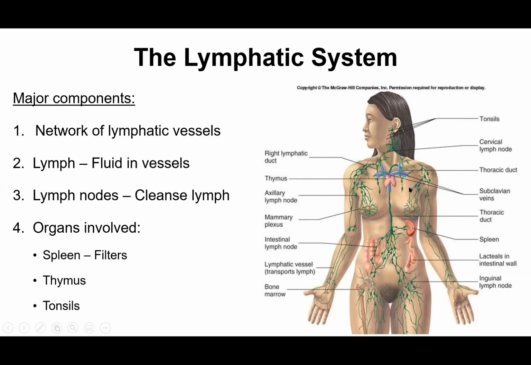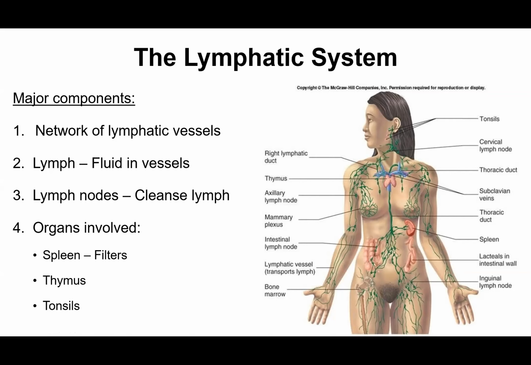All of these little dots, sort of enlargements of the vessels, are lymph nodes. Although lymph nodes are their own individual structures, they are collectively named by their location, and there are major groups. We have axillary lymph nodes, intestinal lymph nodes, cervical lymph nodes, and also bronchomediastinal lymph nodes and inguinal lymph nodes that we'll talk about in a little bit.